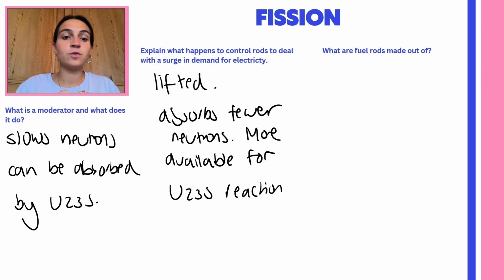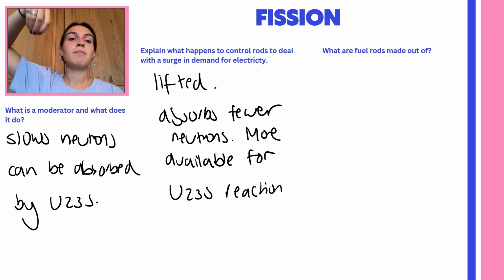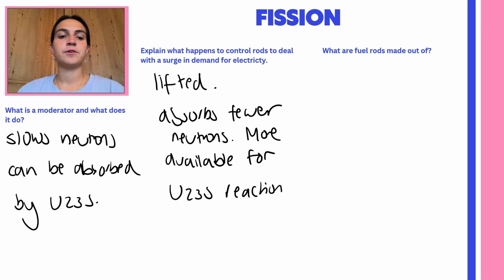So the more they absorb, the fewer neutrons are available for the uranium-235 reaction. So if I lift my control rods up, they absorb fewer neutrons, more are available for the uranium-235 reaction, more energy released per second.